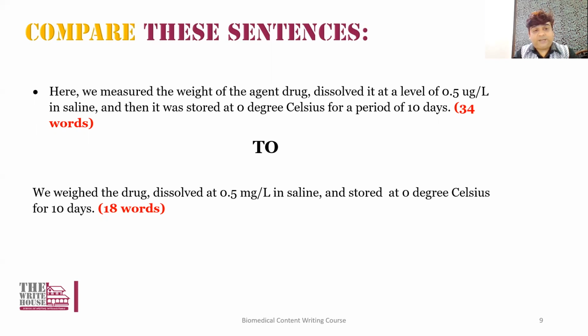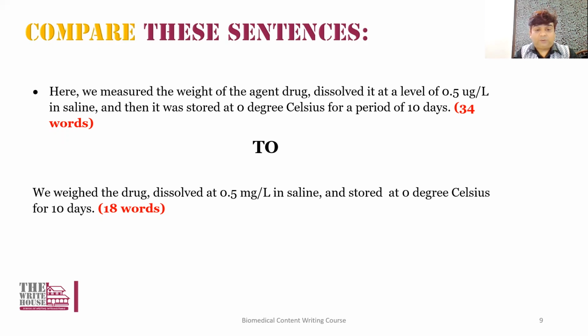The first sentence says, here we measured the weight of the agent drug, dissolved it at a level of 0.5 microgram per liter in saline, and then it was stored at 0 degrees Celsius for a period of 10 days. Now it's a 34 word sentence. If you just see the second version of the same sentence, it has the same meaning, but the 34 words are now converted into 18 words. So we have reduced it to almost 50%.